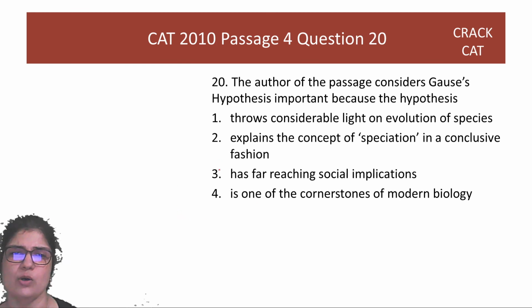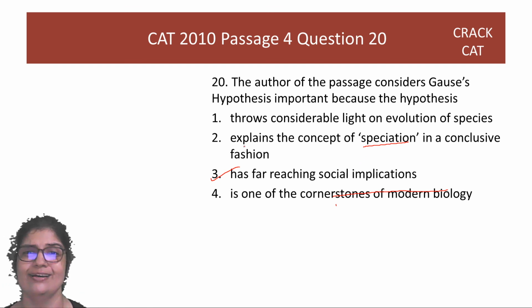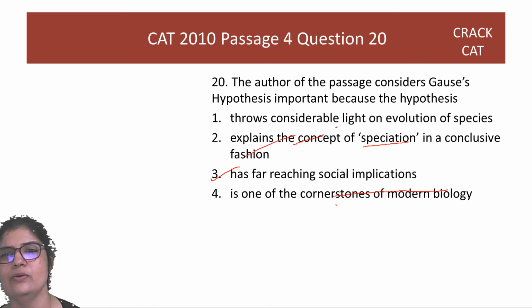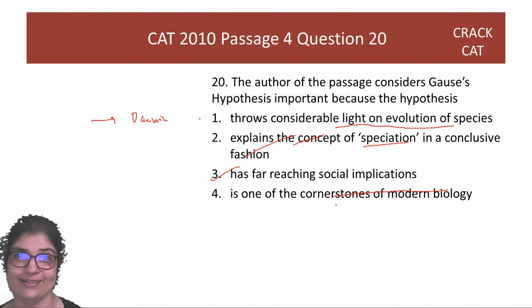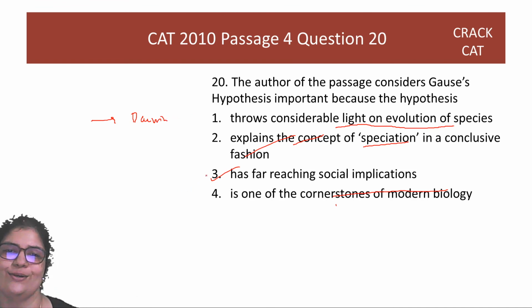Modern biology, this is not about modern biology. Speciation, it doesn't explain. We are trying to understand what speciation is. There's no explanation. Throws considerable light. No, it doesn't tell us why species evolved. Who did that, guys? Just for general knowledge, Darwin did that, not Mr. Gauss. So the answer is option 3.